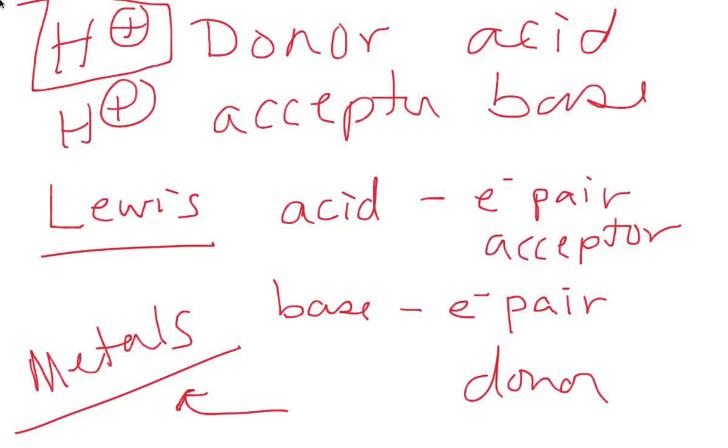And that's really all the Lewis definition means. One thing you'll notice on the periodic table over there, right? You have boron, aluminum, gallium, indium, thallium, that column. That column of the periodic table has 3 valence electrons.